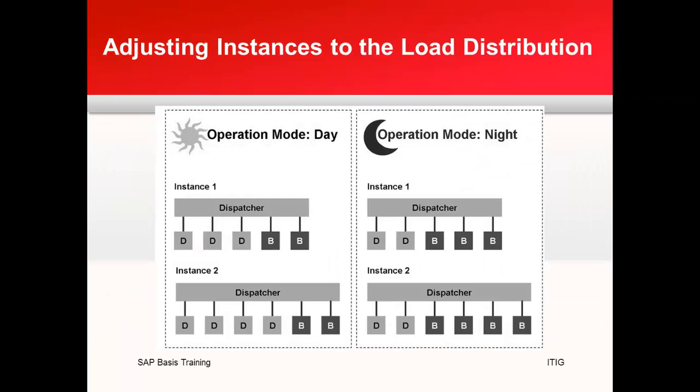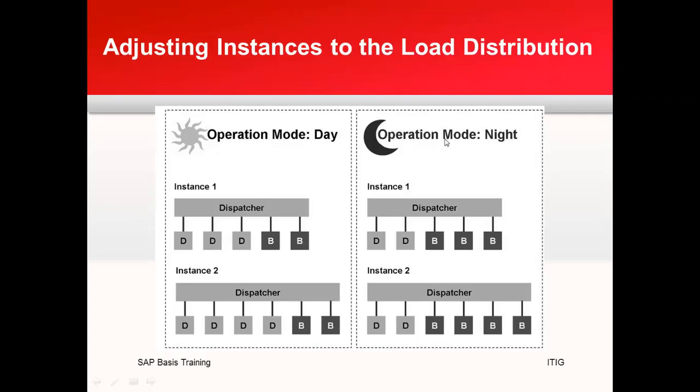Basically, we are adjusting the instance to the load distribution. So here is an example. You can see in instance 1 you have a dispatcher, 3 dialog work processes and 2 background work processes. In instance 2 you have 4 dialog work processes and 2 background processes.